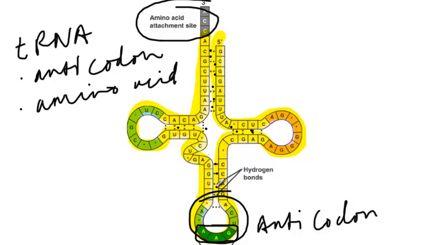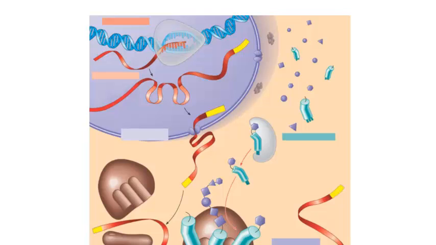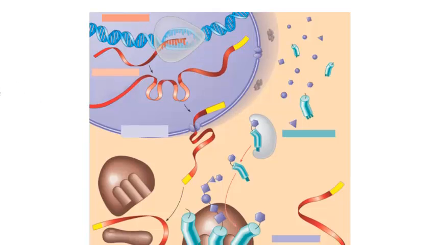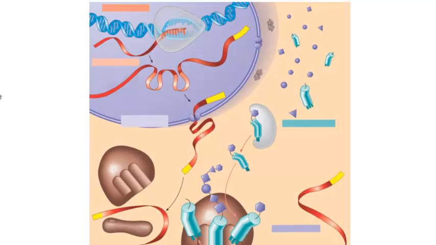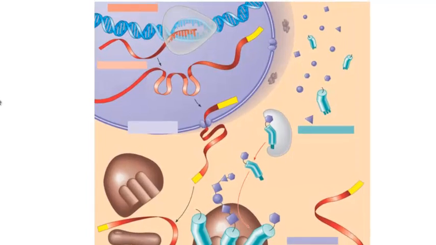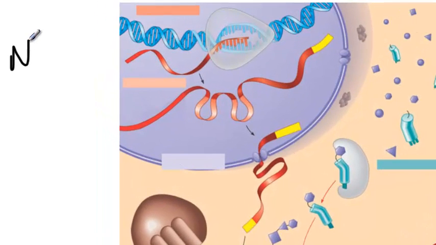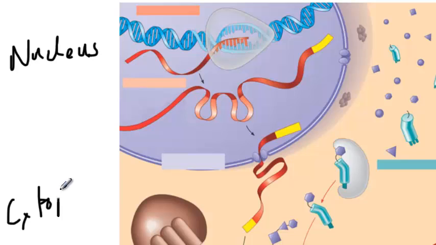Okay, now we'll go back out to big picture and put all these steps together that we've been talking about. So the purple part on your diagram represents the nucleus. The kind of tannish part toward the bottom is the cytoplasm.